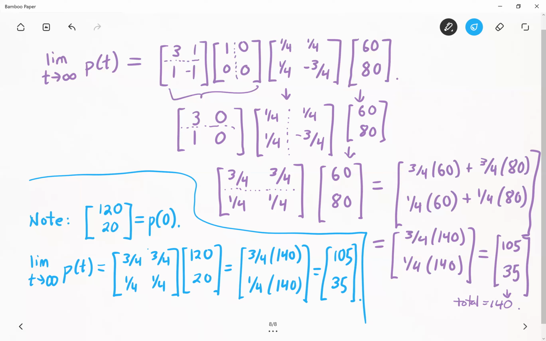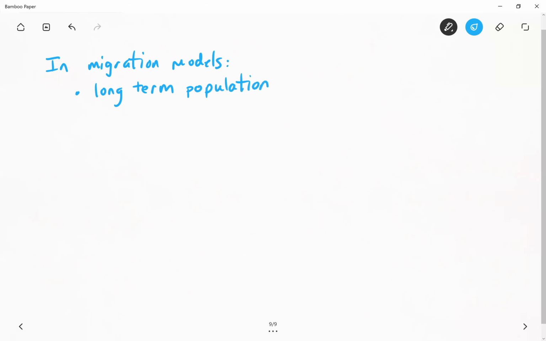So the takeaway here, and I'll go ahead and write this on the next slide, is that in migration models, we've observed that the long-term population stabilizes, or we could also say reaches some kind of an equilibrium.